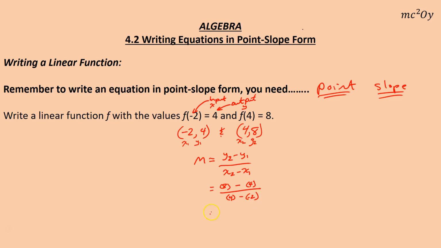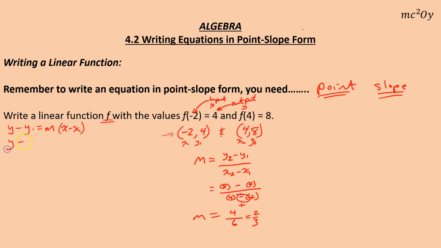Okay, and doing the math here, 8 minus 4, that gives me 4. And 4 minus negative 2, there's that double negative again. Double negative makes a positive, so that's 4 plus 2, or 6. That equals 2/3. And so now we'll use our slope and our point in our point-slope form. So y minus y1 is equal to m times x minus x1.